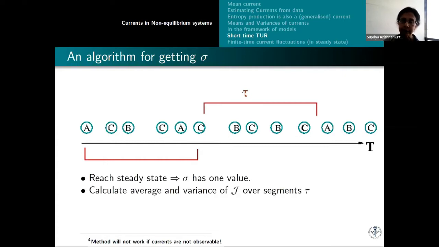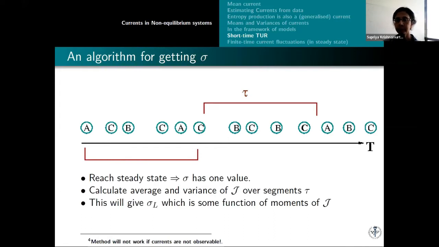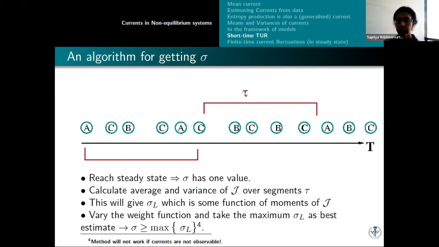Okay, so I reach steady state, then I calculate the average and variance over these segments. Then I calculate the sigma L, which for example could have been the quantity we saw in the earlier slide. And then I can vary this weight function. Remember, these generalized currents I could get by taking our bare current and multiplying it by a weight function. So I could vary the weight function, try to get the maximum sigma L as the best estimate.